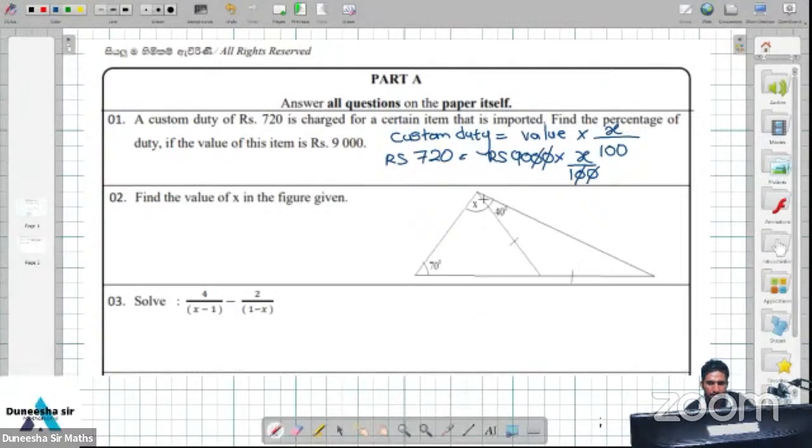X is 720 divided by 90. Right? Then how much? Its percentage is X is 72 divided by 9. How much? 8%. Is it?